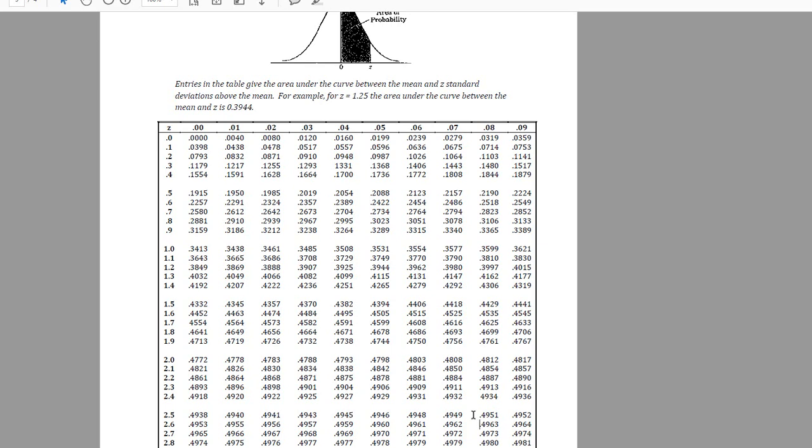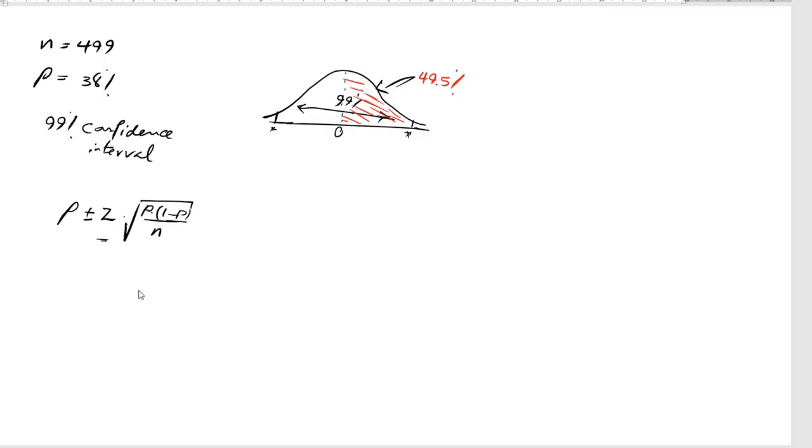So the value of interest would be 2.575. Z from here would be 2.575.